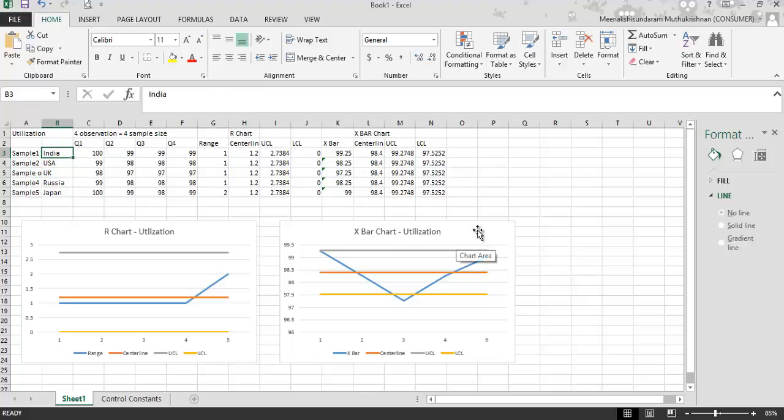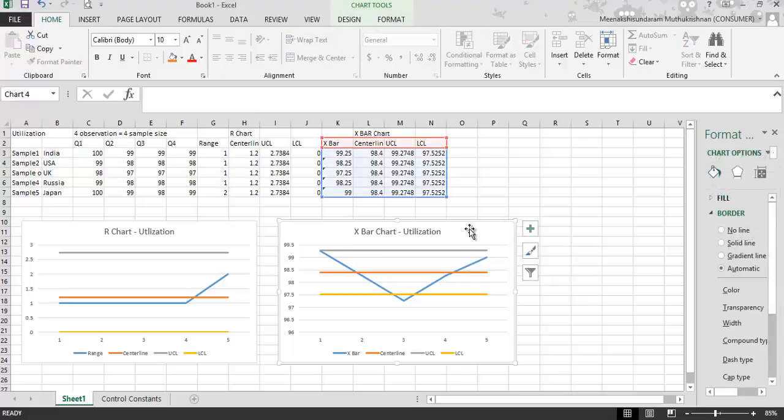When you look at this chart, you will be surprised to see that even though the consistency is there and all the countries are well within the upper limit and the lower limit, the XBAR says the first country looks so good, it's under the upper limit. The second is also good, it's actually on the central line.